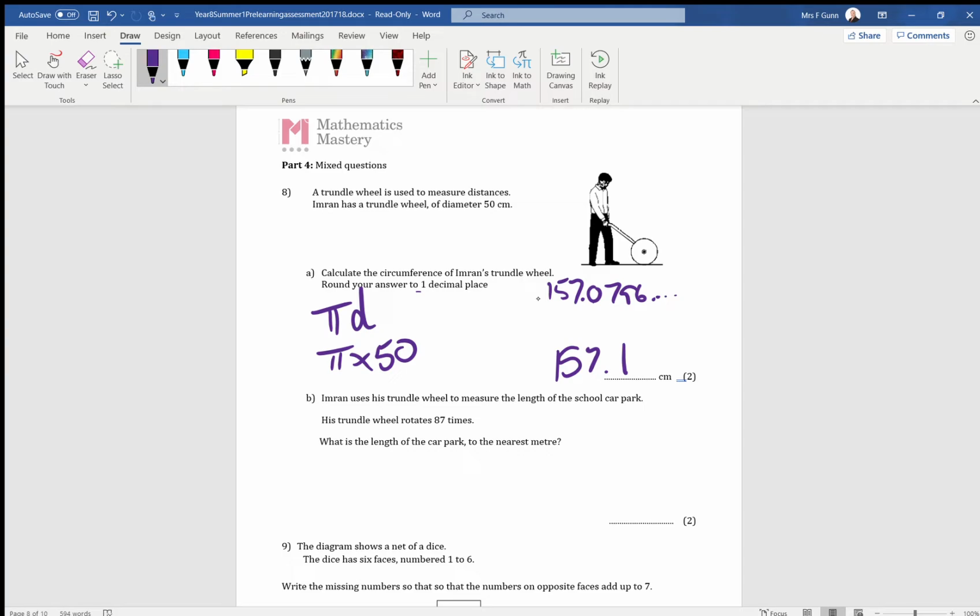Imran uses the trundle wheel to measure the length of the school car park. The wheel rotates 87 times. What is the length of the car park? So we do 87 times the 157.1, so equals. Now, what I think about is accuracy here. In a GCSE question, I would keep my number, 157.07963 and so on, and times that by the 87, just because I'd get a slightly more accurate answer.